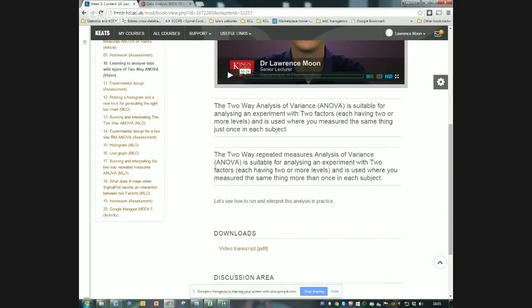The two-way repeated measures analysis of variance is suitable for analyzing an experiment with two factors, each having two or more levels, and it's used where you measure the same thing more than once in each subject. Those might be the two factors, age and gender, and you've measured the same thing repeatedly. We're going to see two different examples of each of these two different types of ANOVA.